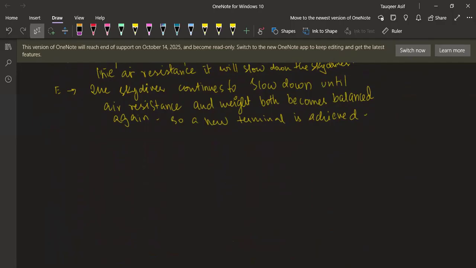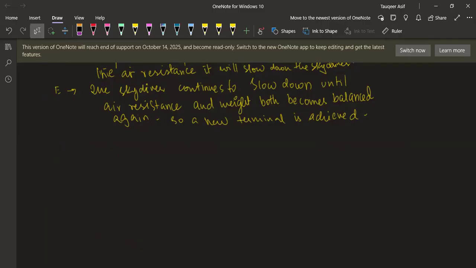And we have one question. I have only 1 minute, so let me try if I can complete. The question says that in the first part of the fall, the speed increases and acceleration decreases.